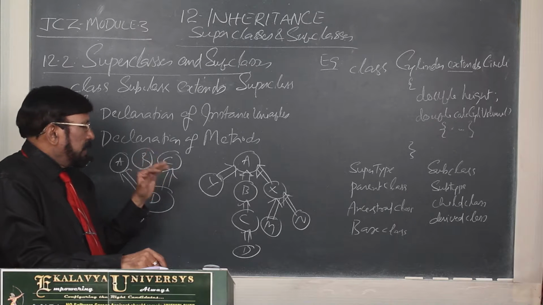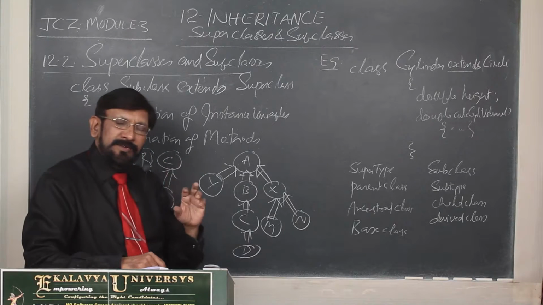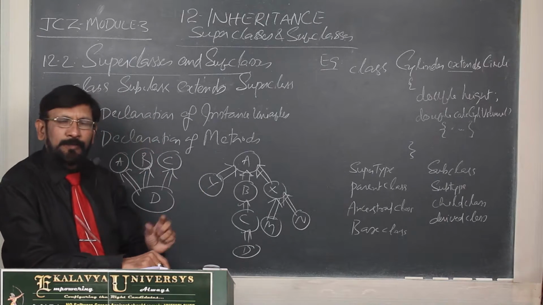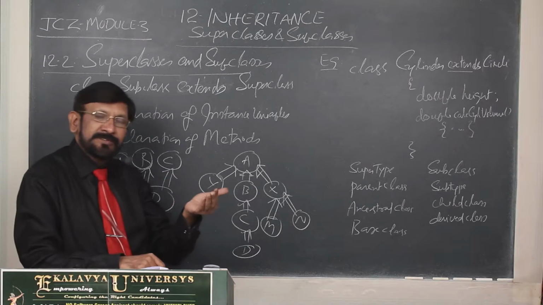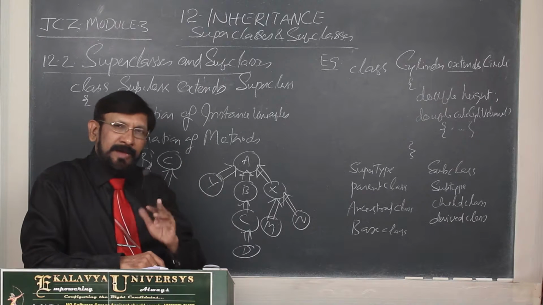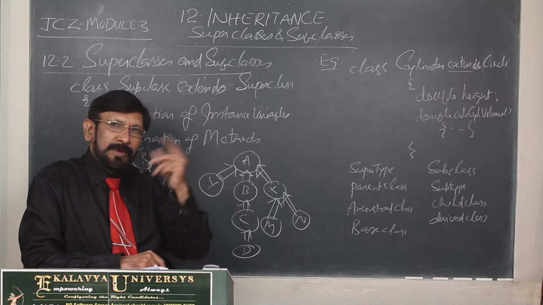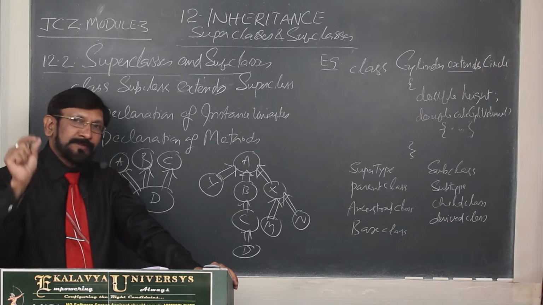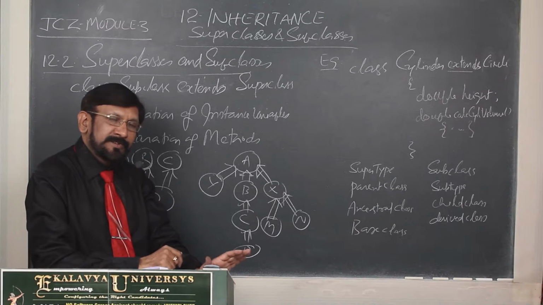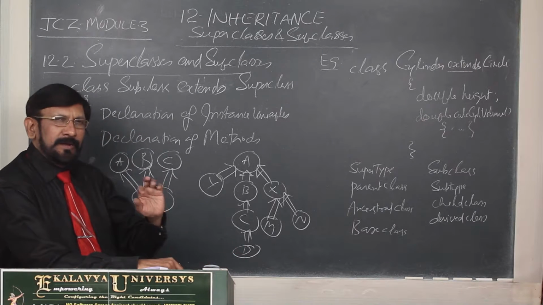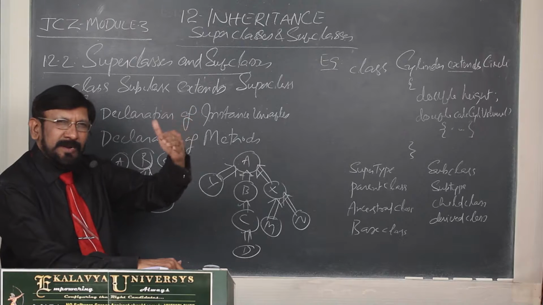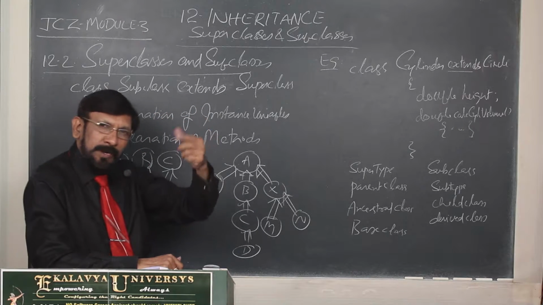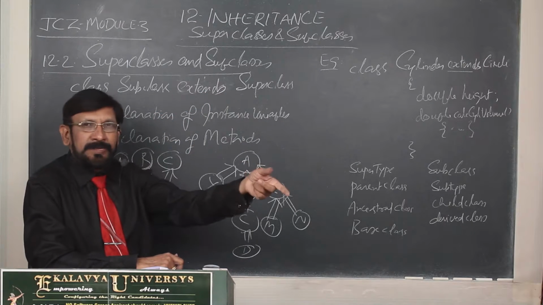That's why Java does not support multiple inheritance directly, but indirectly it allows. And in the next chapter we discuss that. Through interfaces, multiple inheritance is allowed, but not at par. It is a little inferior to whatever multiple inheritance you call in C++.